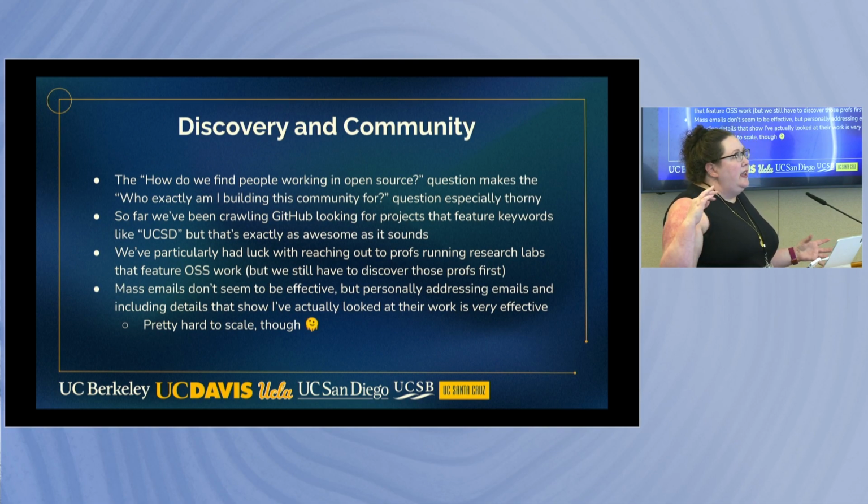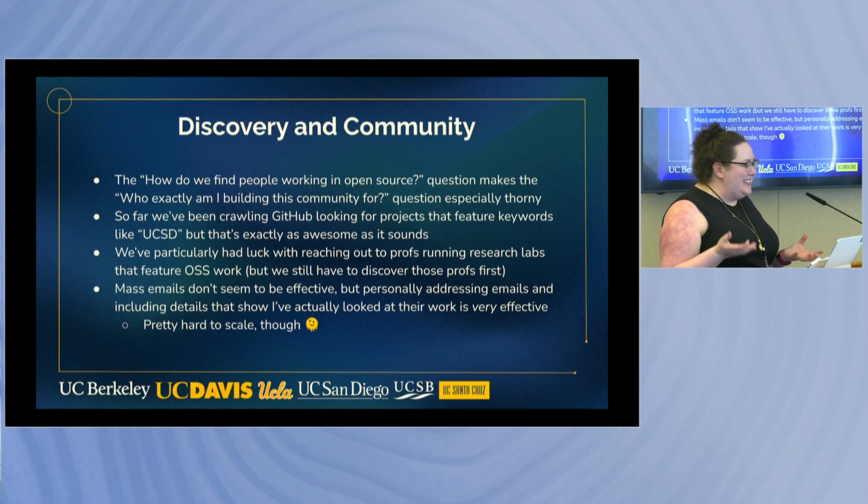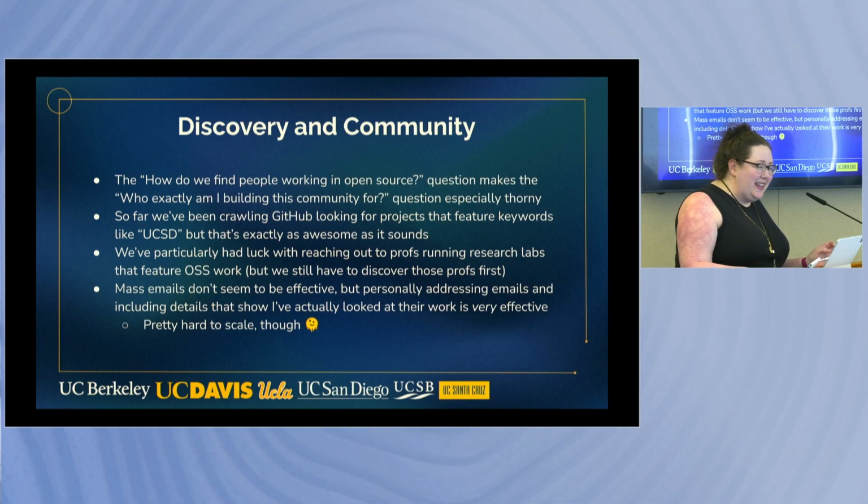And the discovery theme has pretty strongly intersected with my community work, because I didn't get a Rolodex when I landed. I didn't get like, here are all the people that you need to contact. It was go find out who we need to contact. And so far, we've mostly been doing that by crawling GitHub and searching for keywords, and that is great.